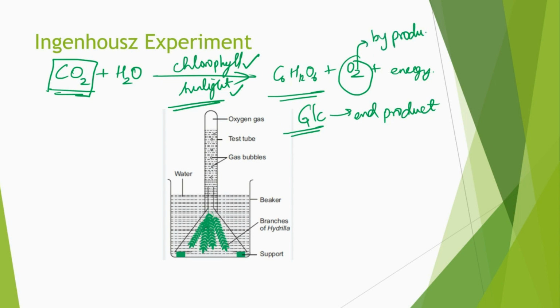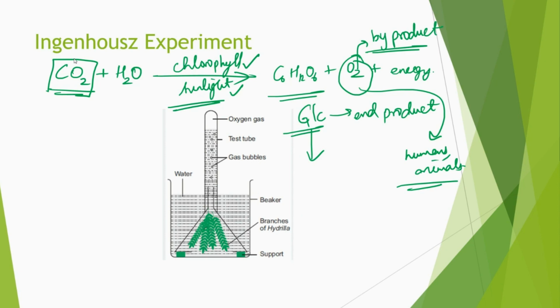What do I mean by saying byproduct? It means this product which is produced, oxygen, is not utilized by your plant. In turn, it is released by the plant as a waste product. So it is being utilized by humans and animals, where we use it for respiration. And excess glucose: this process of photosynthesis takes place as long as you give sunlight and there is water and carbon dioxide present in the atmosphere.